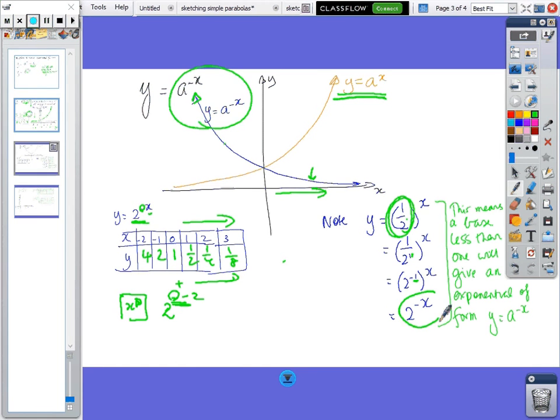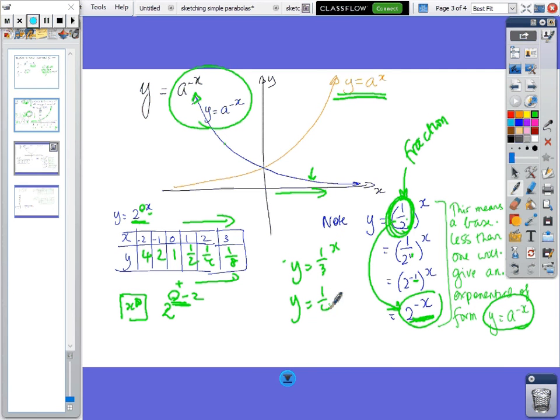So when you have fractions less than 1, a half is less than 1, you end up with a negative indice, so the shape will always be going down. So if you've got y equals 1/3 to the x, y equals 1/4 to the x, these ones will always look like the blue function.